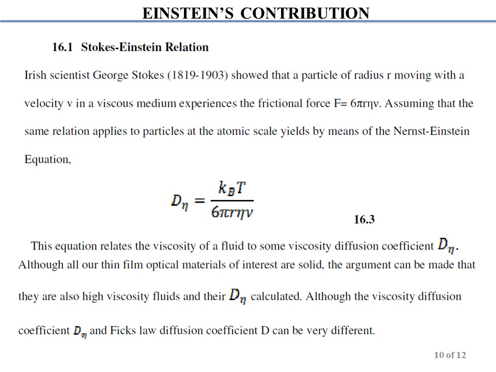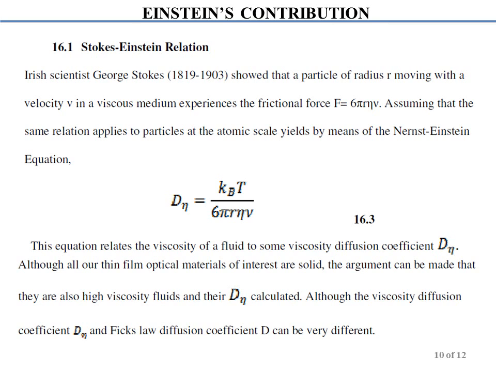Next we will take a look at Einstein's contribution in terms of the Stokes-Einstein relation. Irish scientist George Stokes showed that a particle of radius r moving with a velocity v in a viscous medium experiences a frictional force F equals 6 pi r eta v.